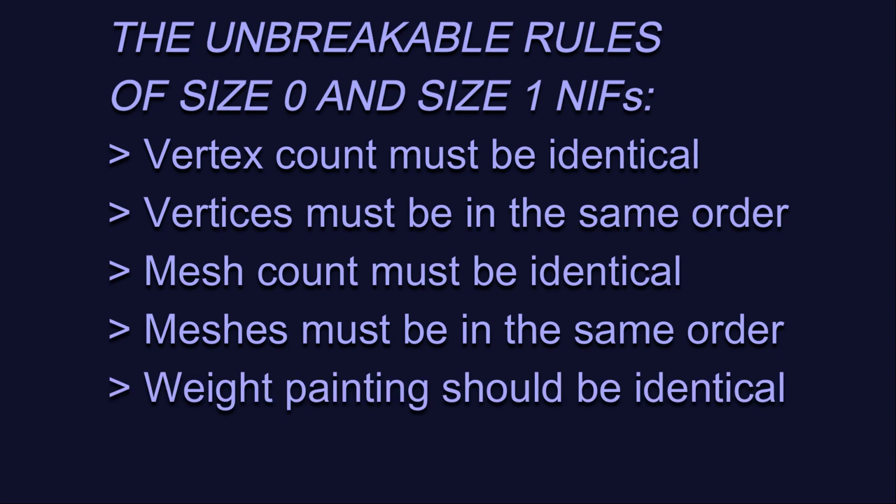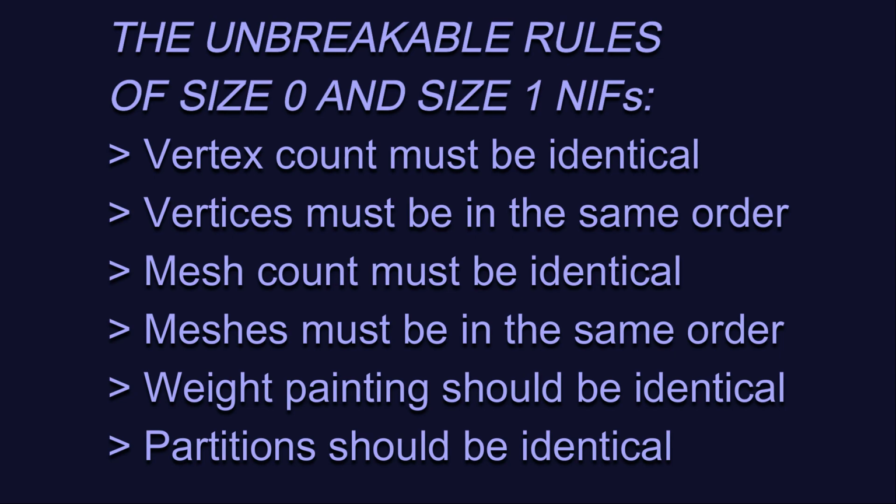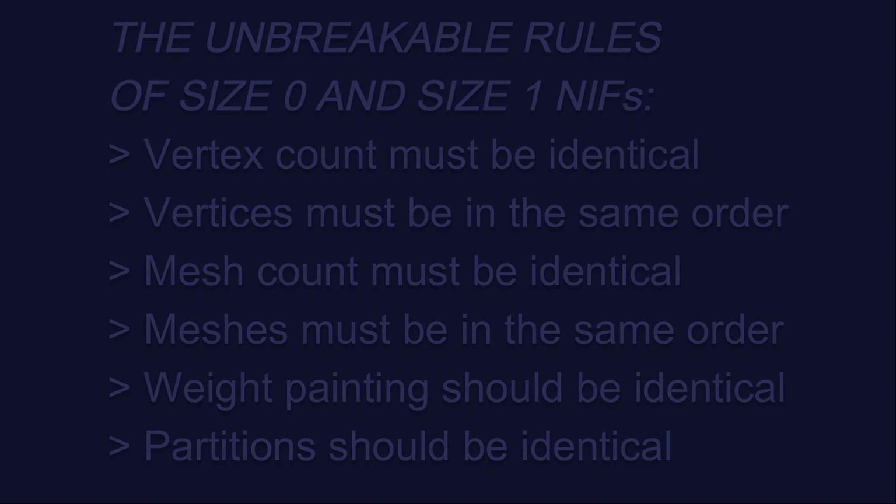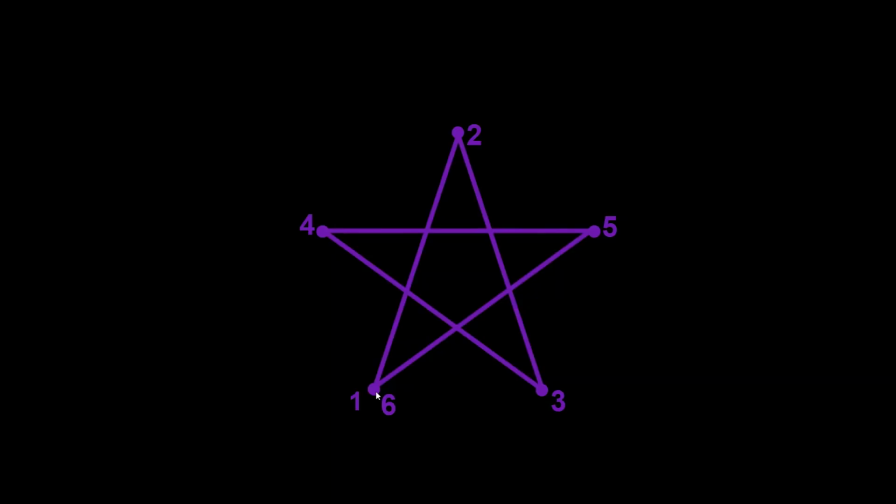Weight painting of the 2 items should be identical, though I'll admit this is a potentially slightly bendable rule, but I'd like for you to think of it as absolute because it's not difficult to do. And lastly, partitions have to be identical between the 2 size NIFs, and they have to match what's in the plug-in record. To understand why we have these rules, let's take a simple 2D shape to illustrate.